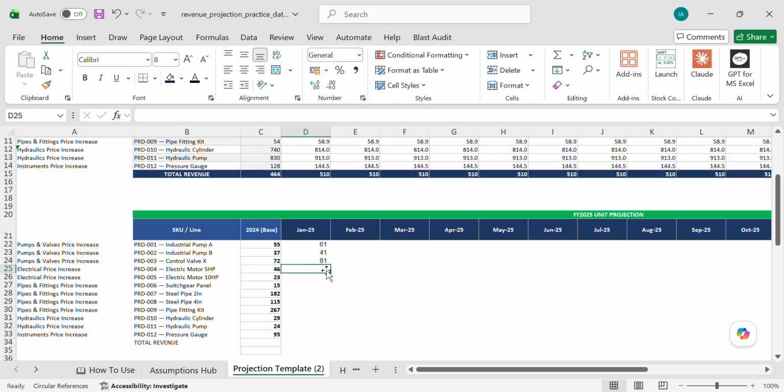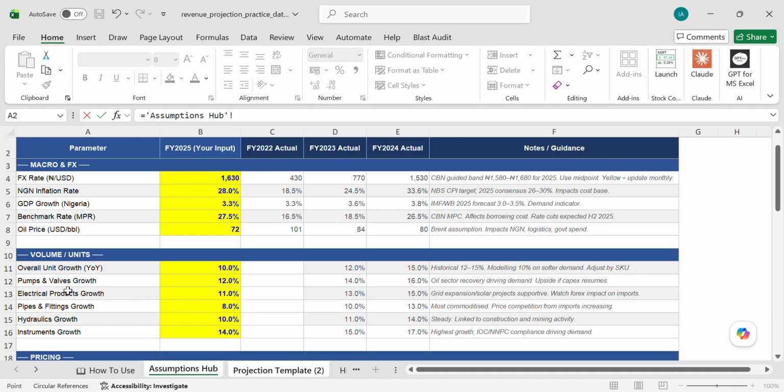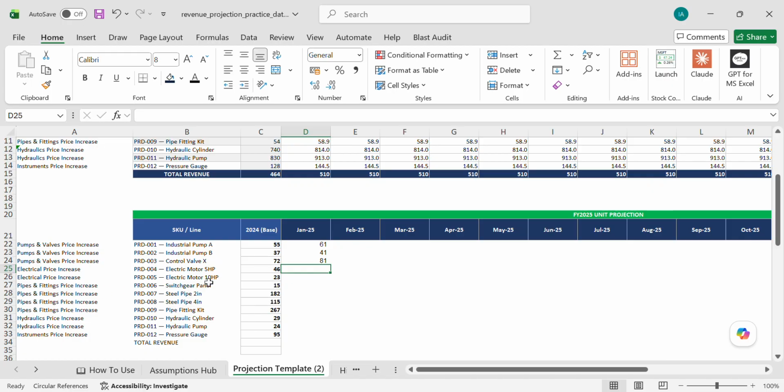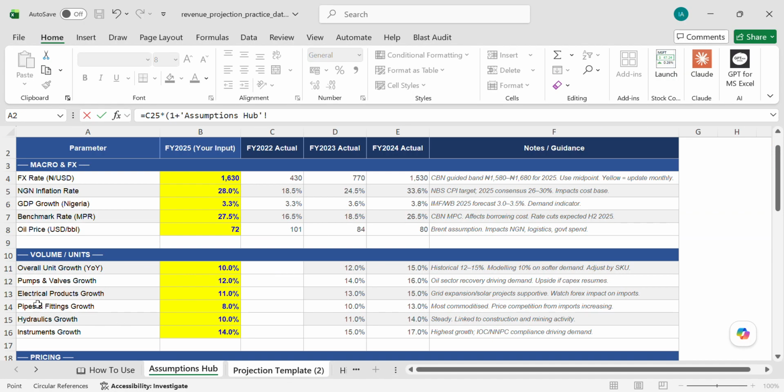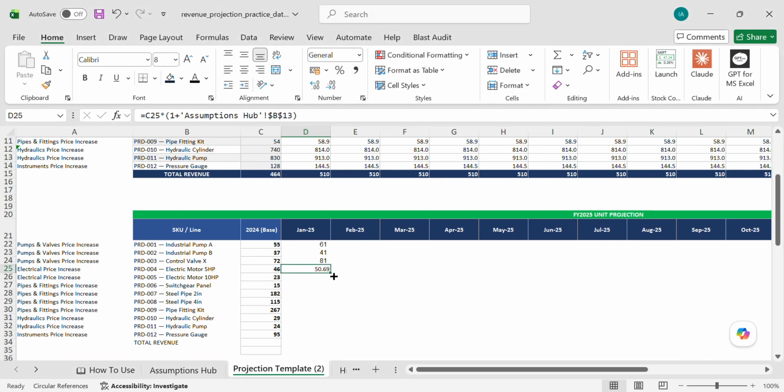Okay, so for electric, we'll come here. This plus, electric is here. Now call this one. Then this fittings, increasing.